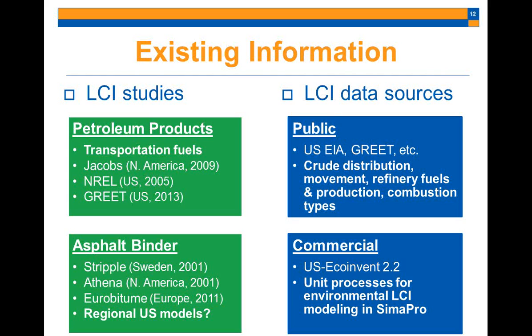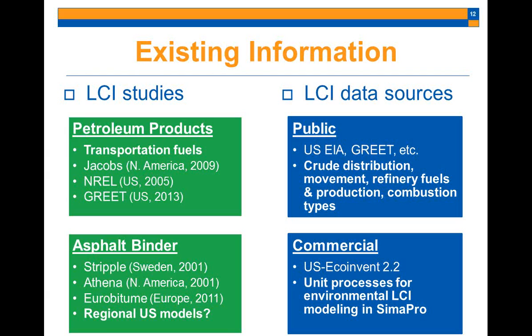So other LCI data sources that we'll be using in the models are public sources and commercial sources. The public sources are from the U.S. Energy Information Administration. They publish a lot of information about petroleum movements, where petroleum comes from, that go into the refineries in the U.S., and also what types of fuels and what percentages of the fuels are being combusted in the refineries.